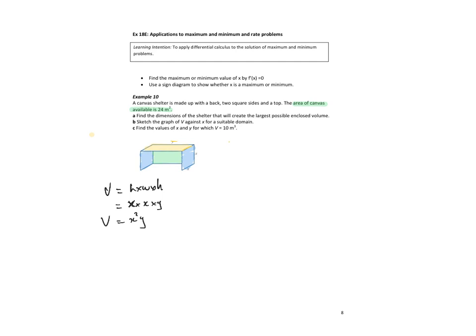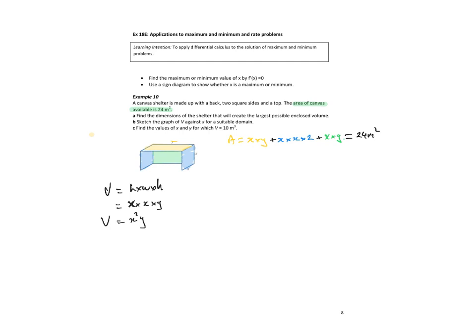So the area is equal to x times y plus my side lengths, which are x times x, 2 of them, plus the green backboard, which is again x times y. And all of those areas are equal to 24 metres squared of material.